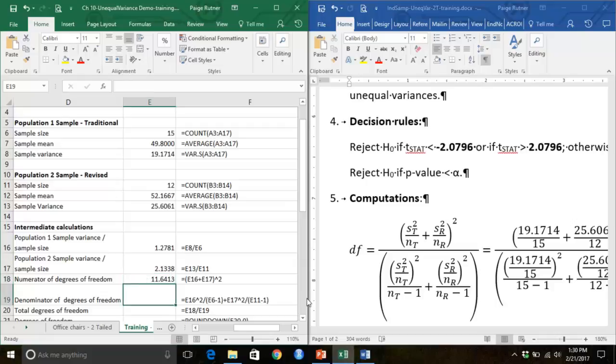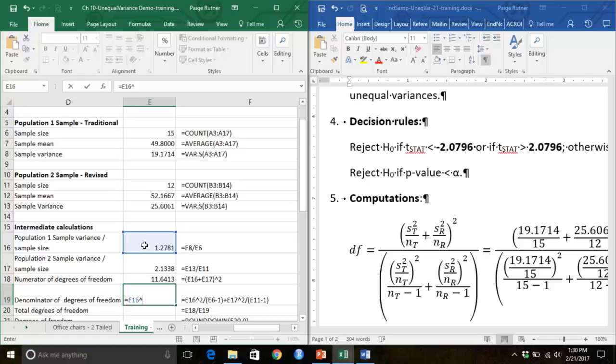Then for the value in the denominator, again, remember I've already computed variance over sample size. So what I need to do in the denominator computation is take that computed value, square it, divide by n minus 1, and then add that to the same computation for the second sample. So again, not too bad.